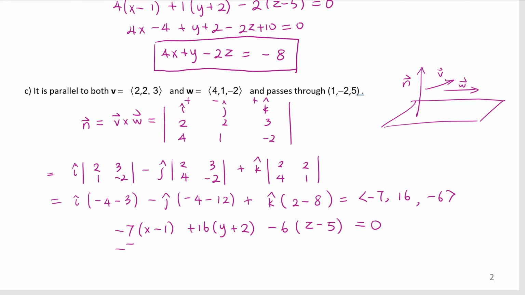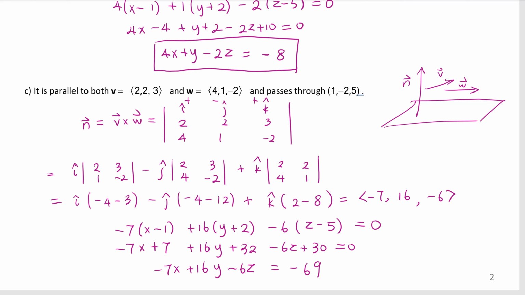Let's multiply out. 7x plus 7, 16y plus 32, 6z plus 30. So we have minus 7x, 16y, 6z. What are the constants? 7 plus 32, 39, 39 plus 30, 69. But when we move to the other side, we change the sign, so it becomes negative 69.